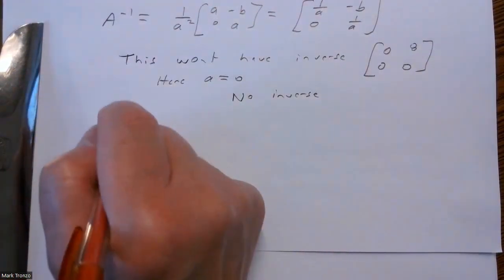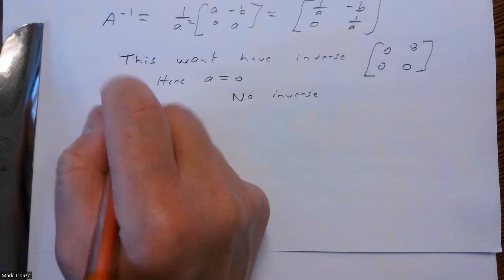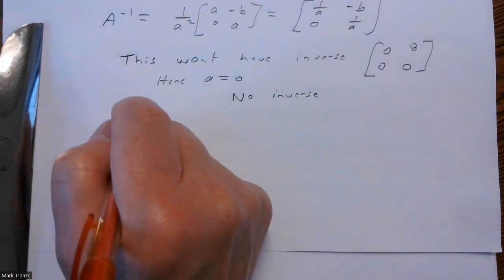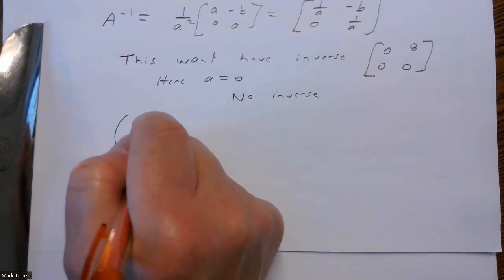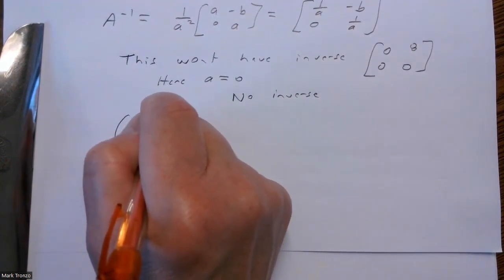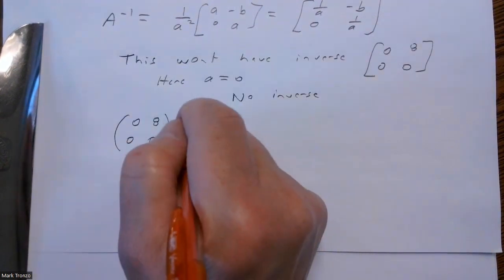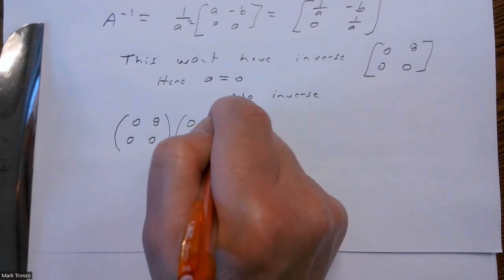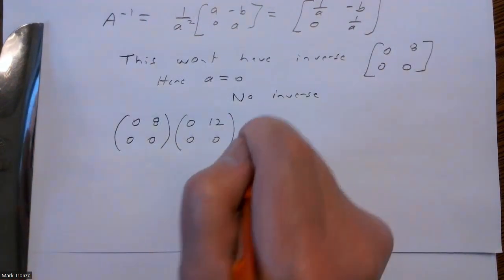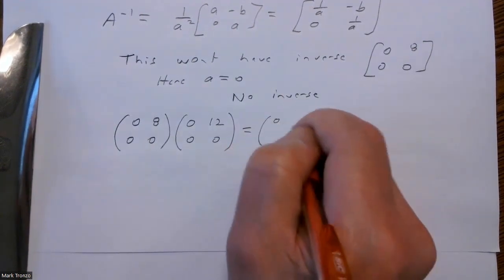So in this case, if we took something like this and multiplied these up, this would be 0.